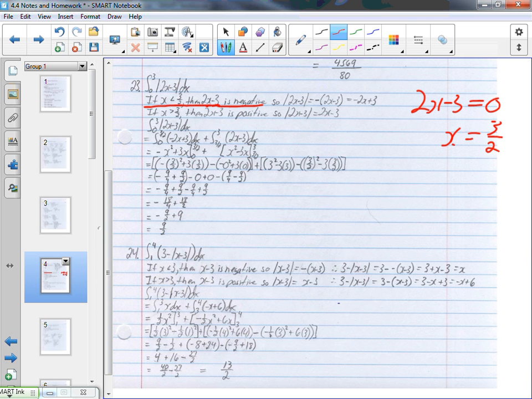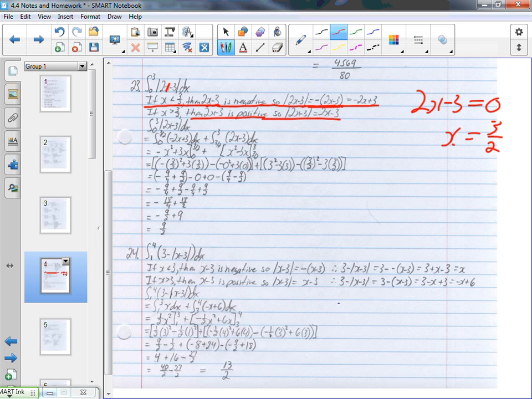If x is 1, 2 times 1 is 2, minus 3 is negative. So the absolute value of 2x minus 3 changes the sign of the expression because the expression is negative. So put a negative in front of it. Then distribute it. If x is greater than 3 halves, then the expression is positive, so the absolute value signs don't do anything. Everybody with me?